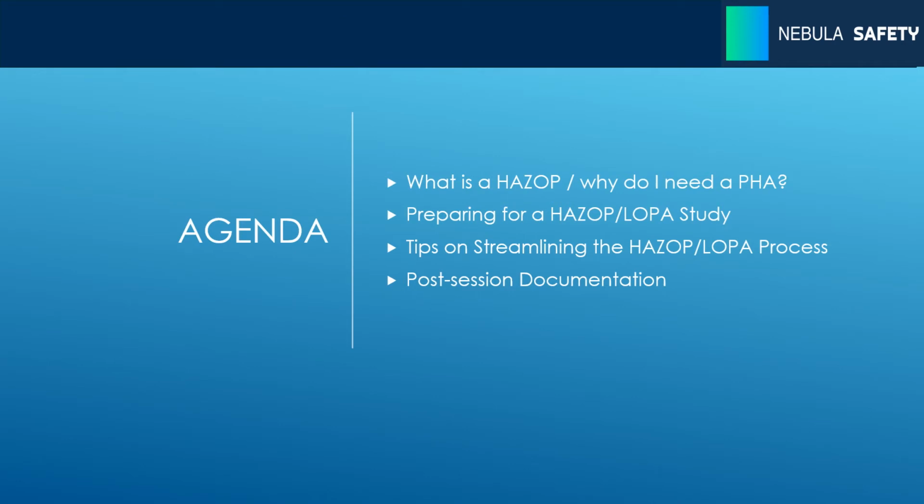So today we are going to be looking at what a HAZOP actually is, why you need to conduct PHAs for your facility or regulated process, how one goes about preparing for a HAZOP or LOPA study, both from the facilitator side as well as what the facility should also be preparing for and expecting, tips on ways to streamline the overall HAZOP and LOPA process, as well as what kind of post-session documentation should be developed, how long it should be kept.